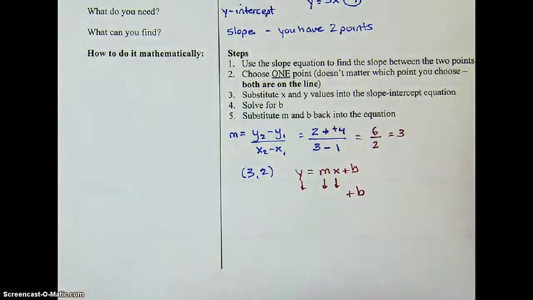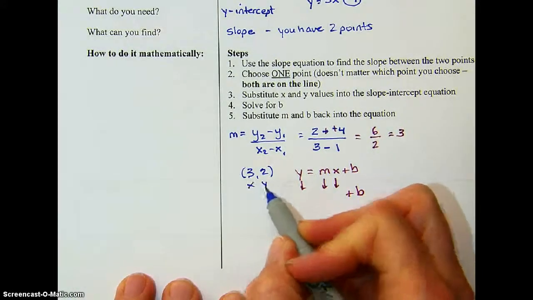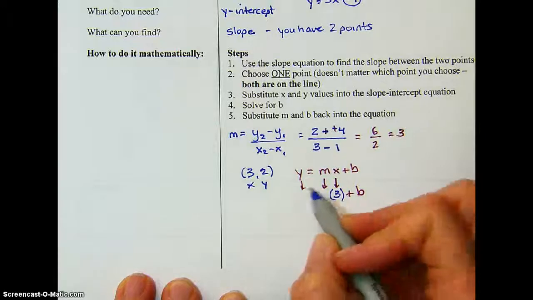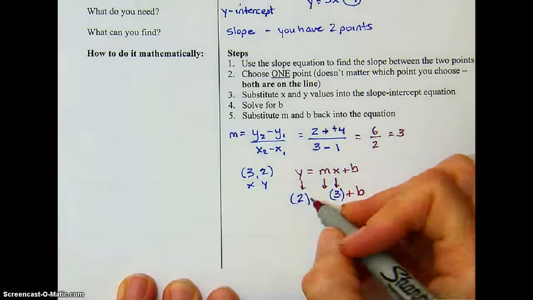And what we don't have is b. So we have an x and a y. So we're going to put our 3 here for our x. We're going to put our 2 here for the y. And we also have our slope. We've already figured that out too.